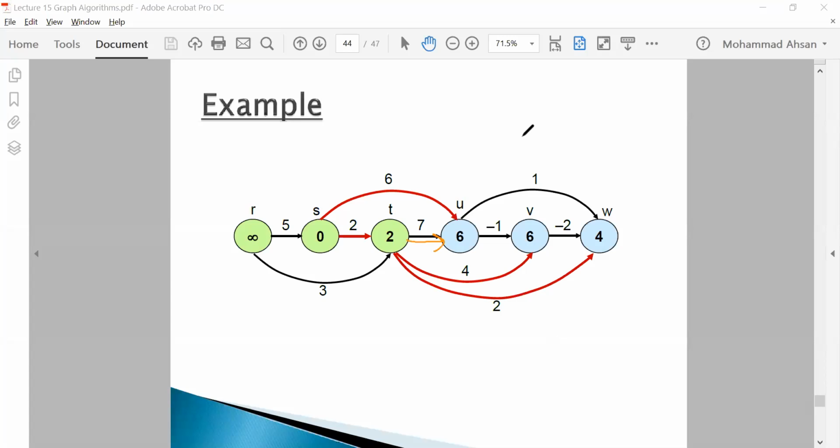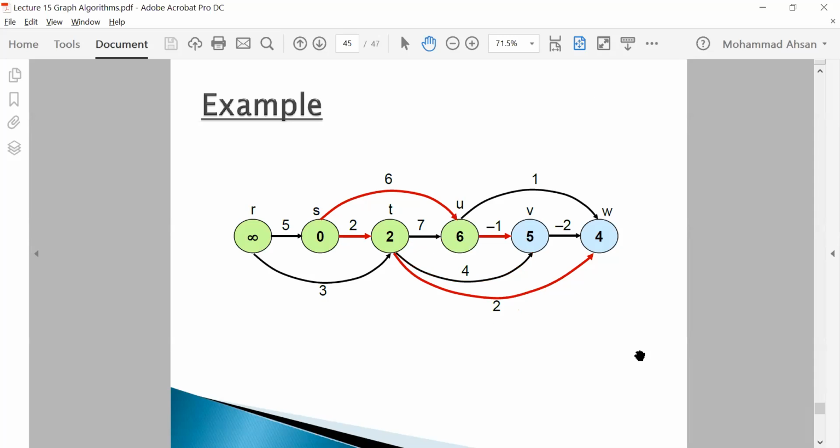So 2 plus 7 is 9. So obviously the previous value 6 will be retained. Then this one, 2 plus 4 is 6. It was infinity, now it changes to 6. 2 plus 2 is 4, and the distances are updated. So we move on to the next vertex.